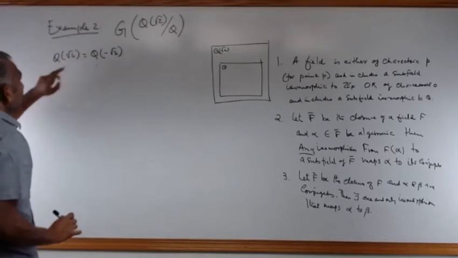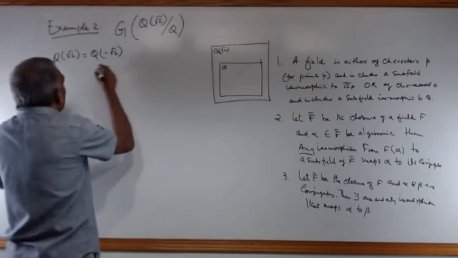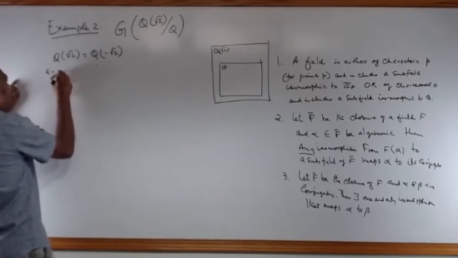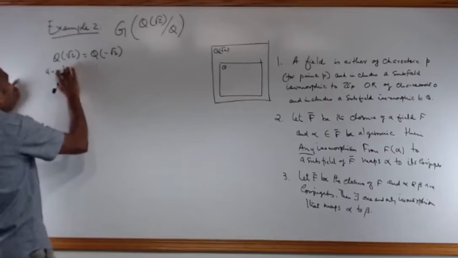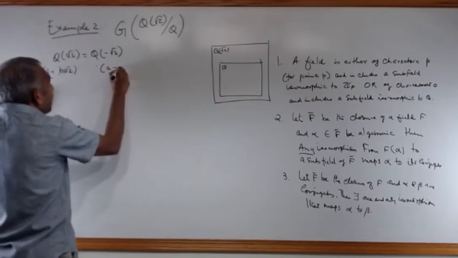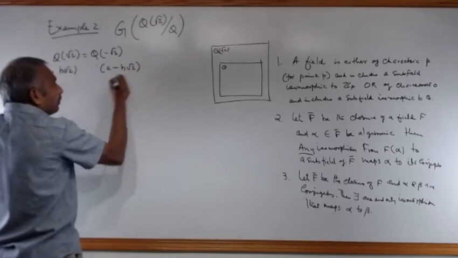This is because the definition of the elements of this is a plus b root 2. Here it is a minus b root 2.